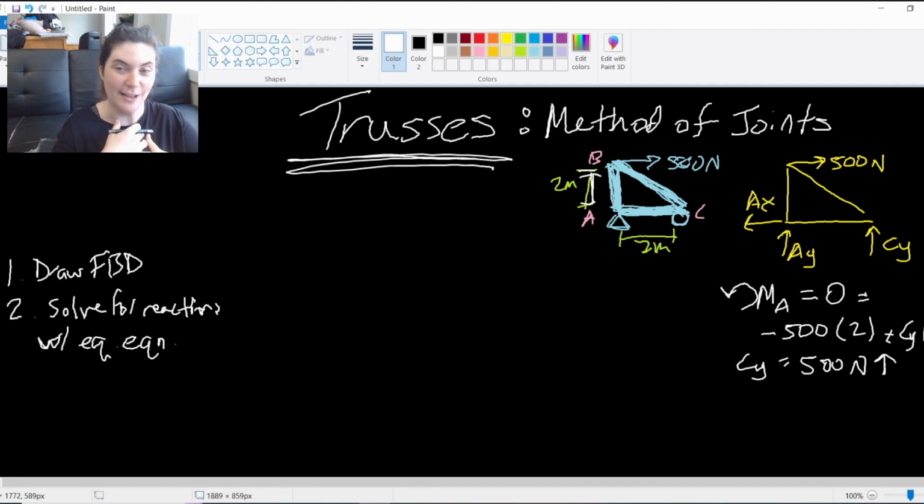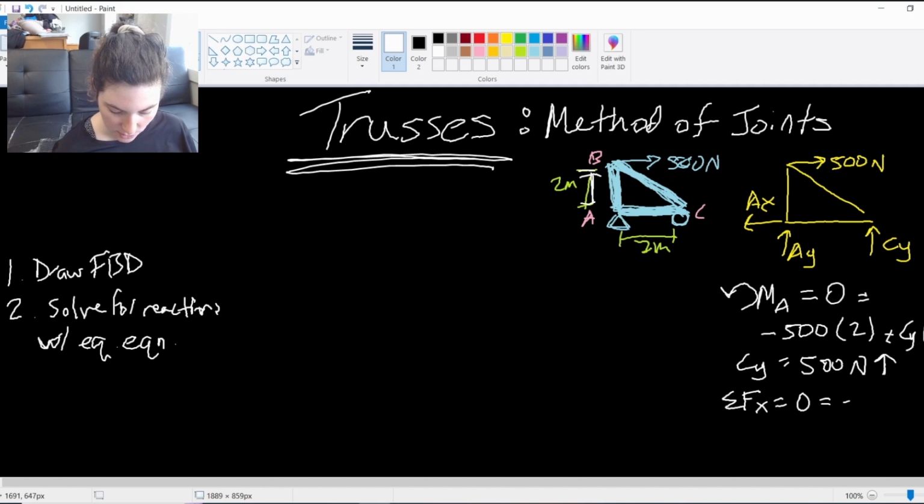So it worked out extremely simply in this one. Even if I say sum of x forces is 0, which is negative Ax plus 500, I have my Ax support reaction is 500 to the left, and same if I do my sum for Fy.